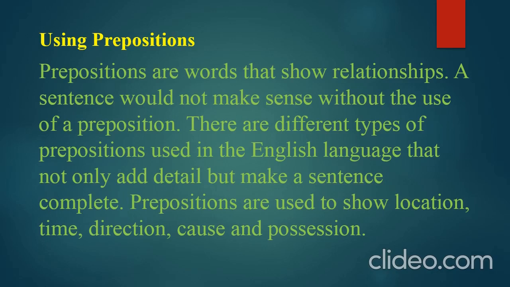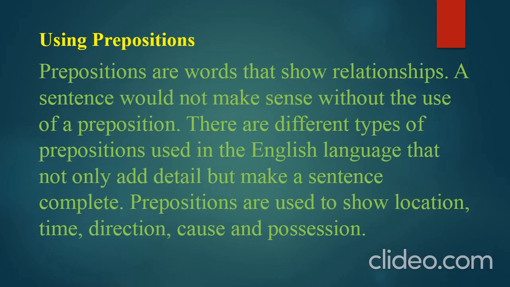Prepositions are words that show relationship. जिस तरह की हमने पहले बात की कि ये relationship को जाहिर करता है। A sentence would not make sense without the use of a preposition.